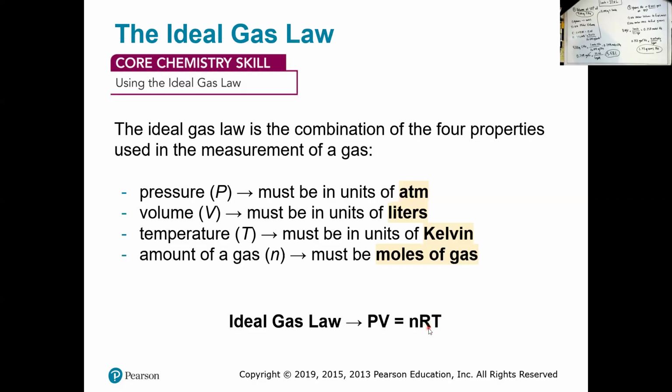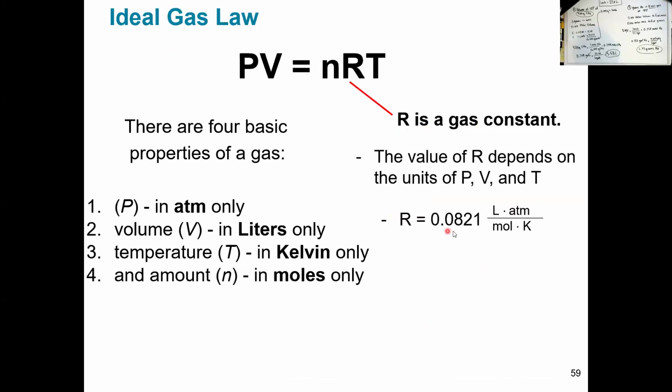This R constant, 0.0821, has specific units that are associated with it. The value of this number depends on what these units are. Your textbook also shows you a different version of this R constant that you can use if the variables are different.